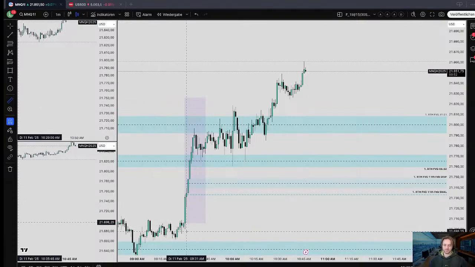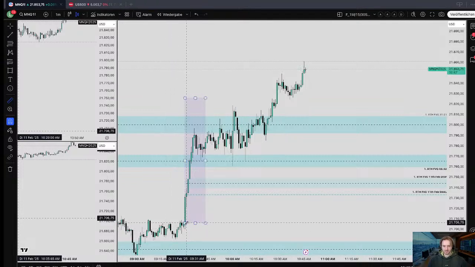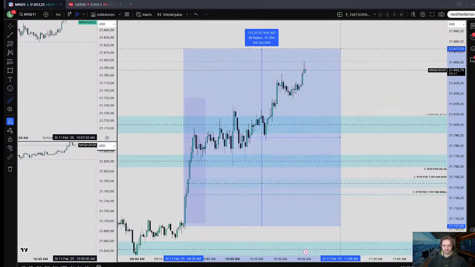Where could we have entered? Here we got low, high, low, low, high, and then we closed above. Let's say here, because this is the retest of our breaker.